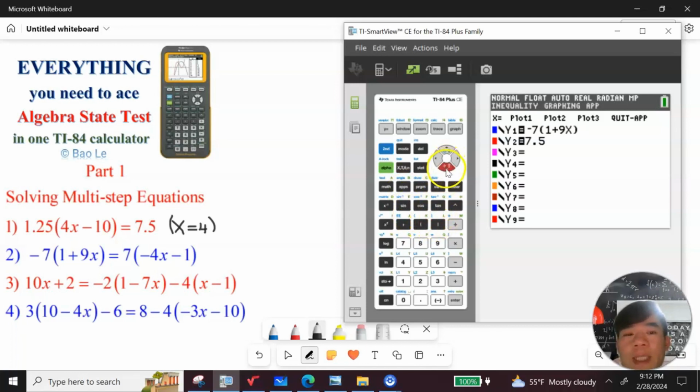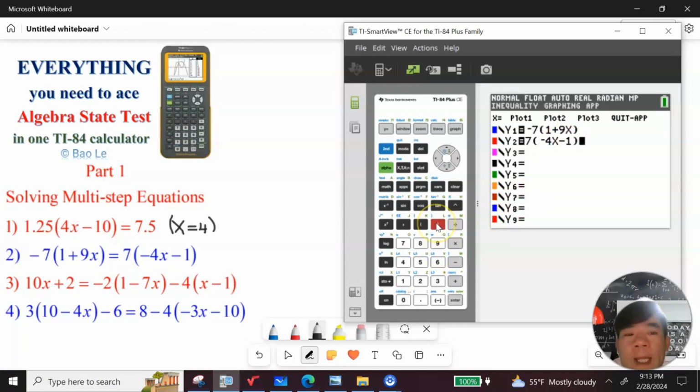Now the right hand side should be Y2. Y2 should be 7 parentheses -4x minus 1. Now, in this situation, I hit minus because the subtraction sign is the sign that connects two terms. So you need to be careful.